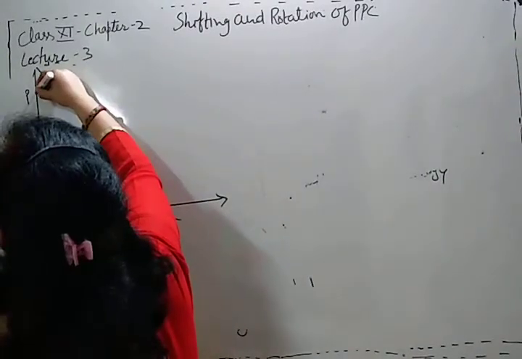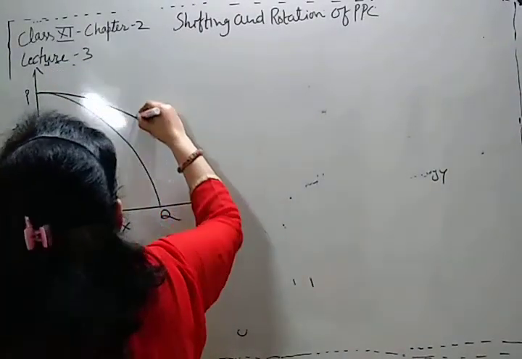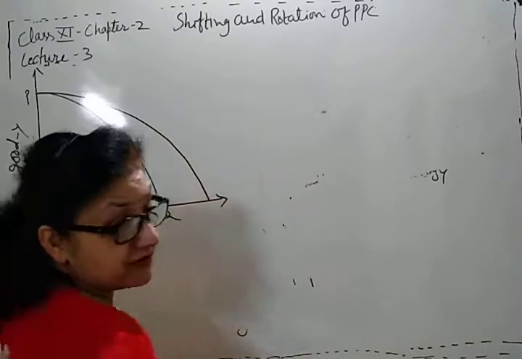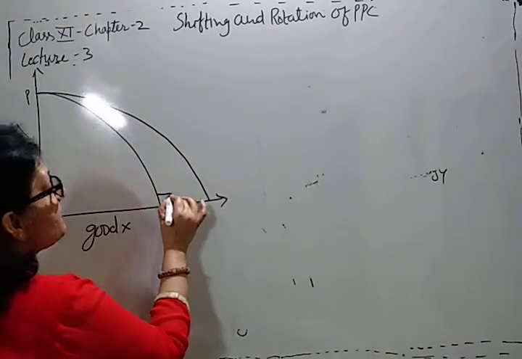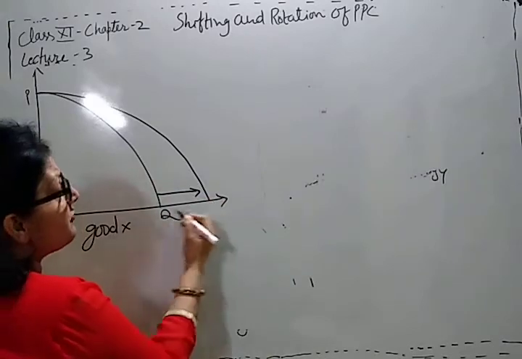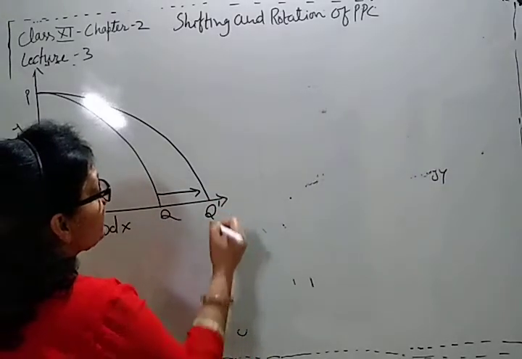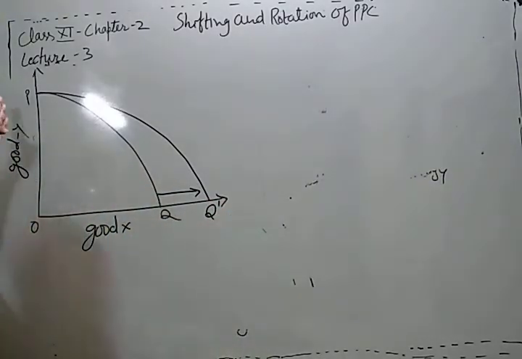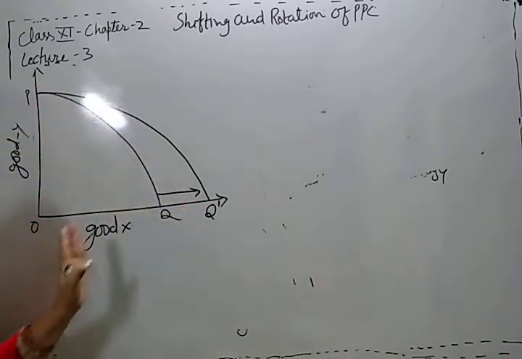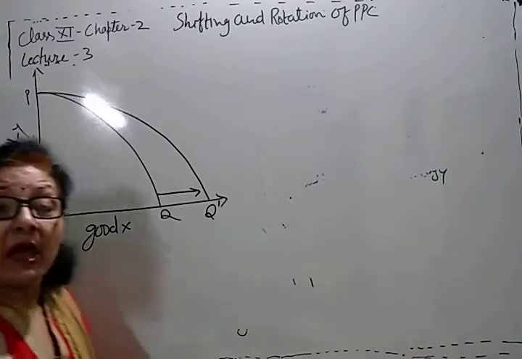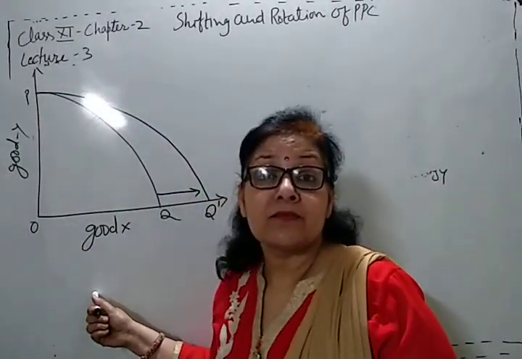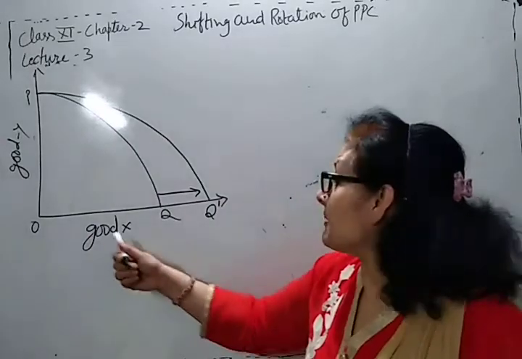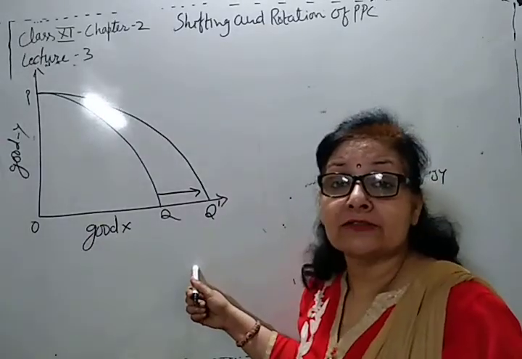In this case, PPC does not shift. Rather, it is rotated from left to right. Now we get PPC PQ dash, which shows that efficient technology of the good X is adopted in the production of good X.